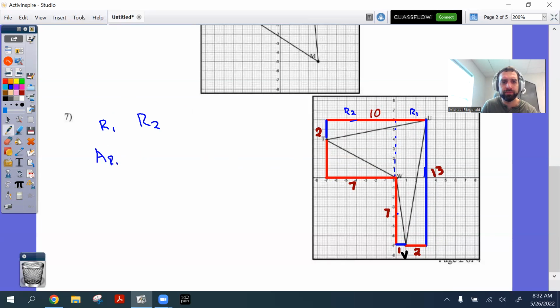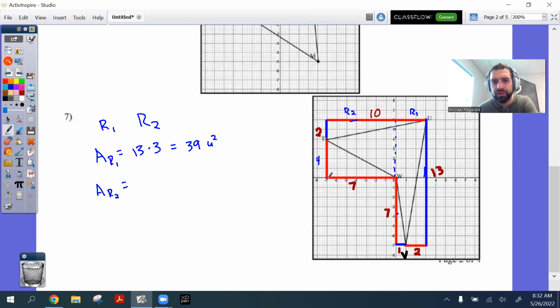Area of R1, I don't expect you to use this notation, I'm just doing it for reasons. This area is 13 times 3, right? Which is 39 units squared. The area of rectangle 2, well, I erased this guy. 1, 2, this is 4.